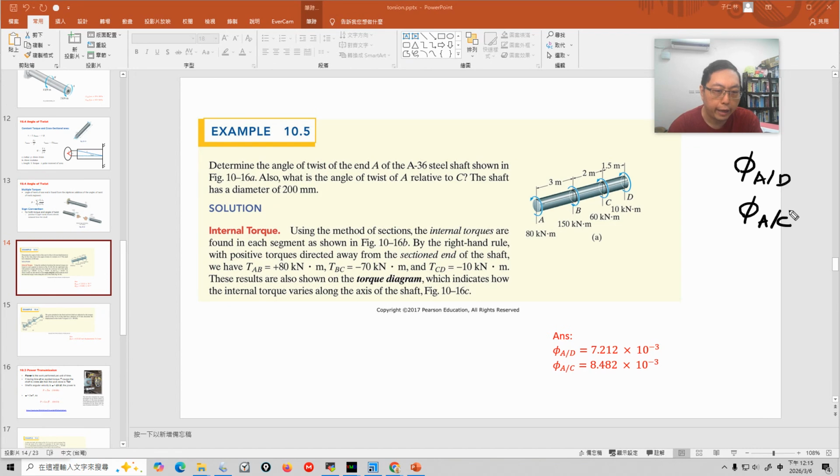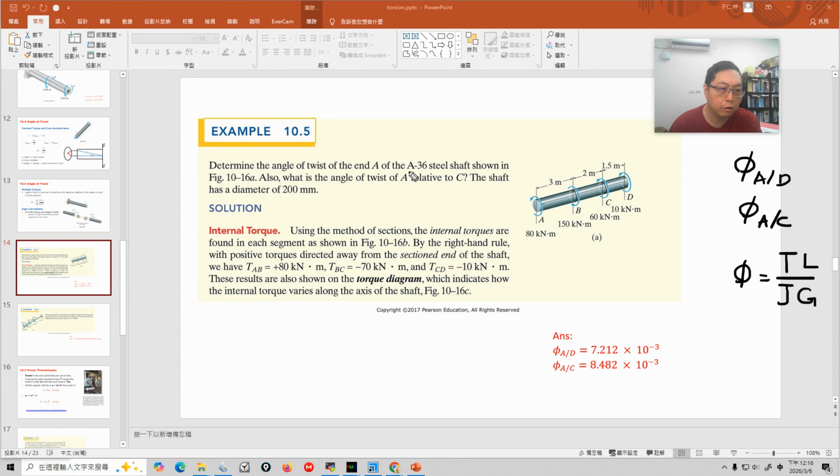For the angle of twist problem, what formula should we use? We should use the formula TL over JG. T is the torque, L is the length, J is the polar moment of inertia, and G is the shear modulus. In this problem, what is the shear modulus?